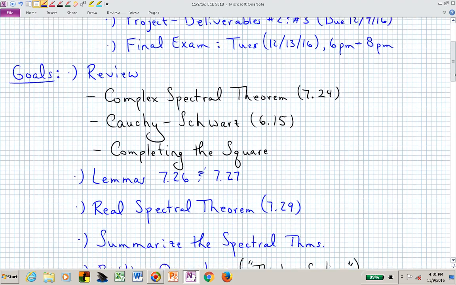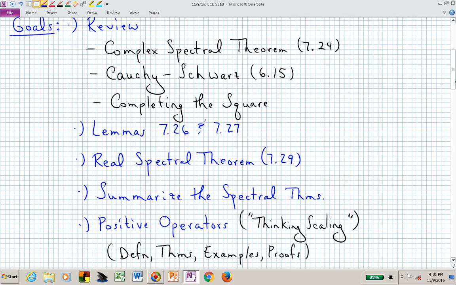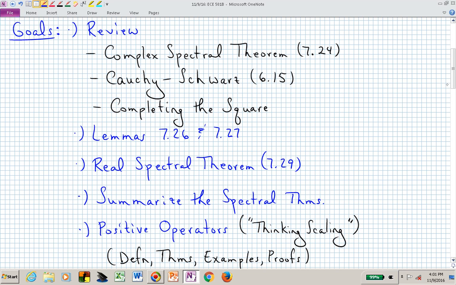Today what I want to do is finish up our discussion on what kind of operator it takes for that operator to be diagonalizable, to give us a nice structure if we're thinking about its matrix representation. We've already looked at what that requires in the complex spectral theorem. Our operator needs to be normal.